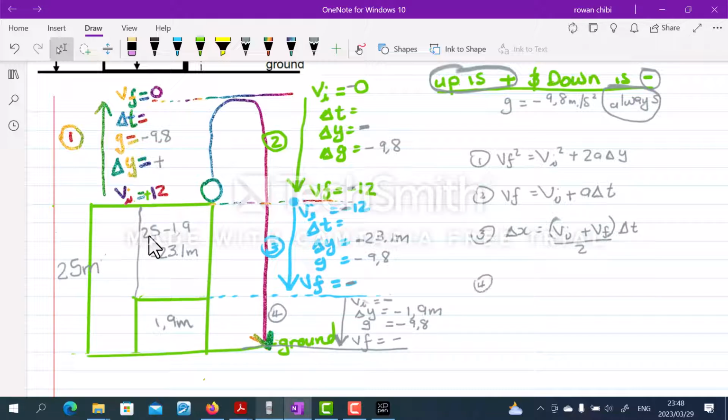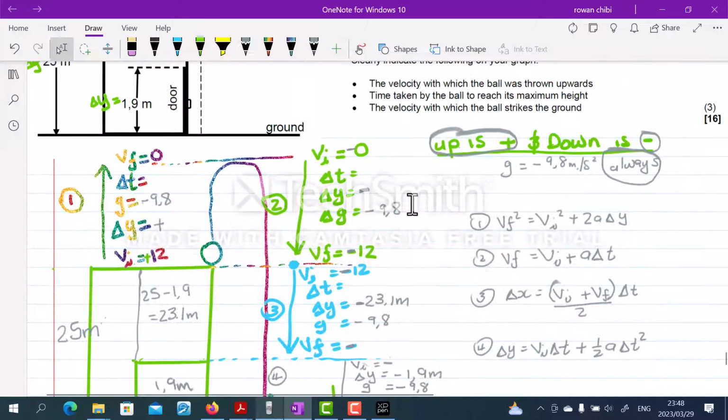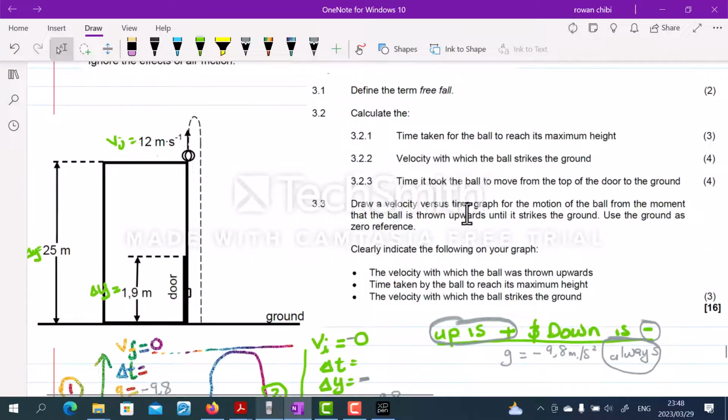And the last formula: delta x is equal to v initial times delta t plus half a delta t squared. So we have these 4 formulas. Now let's get to our questions and see what they are asking us.